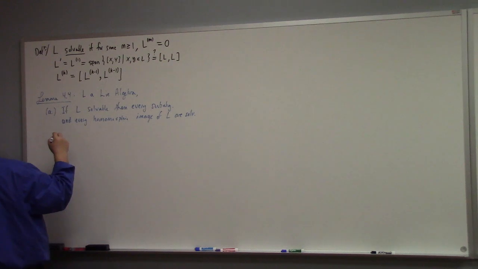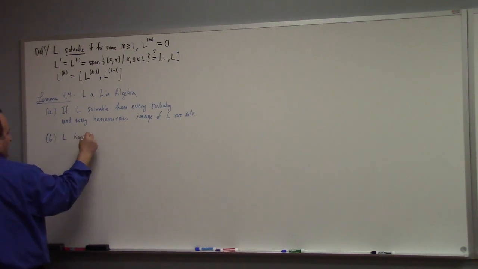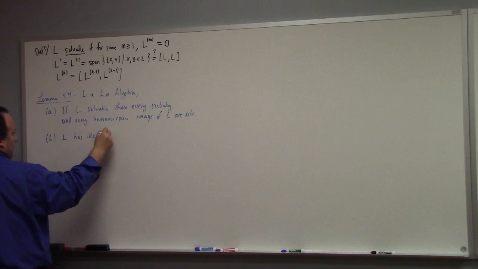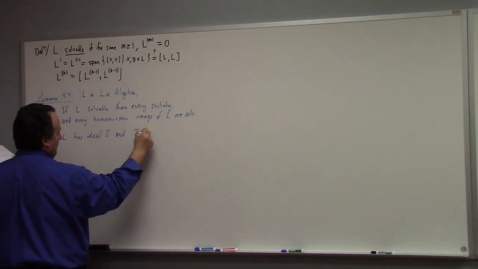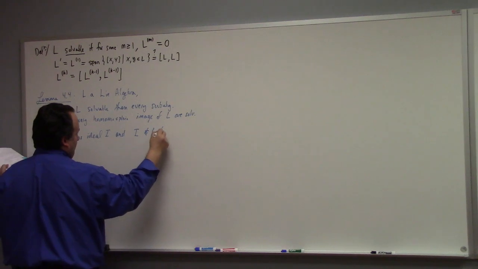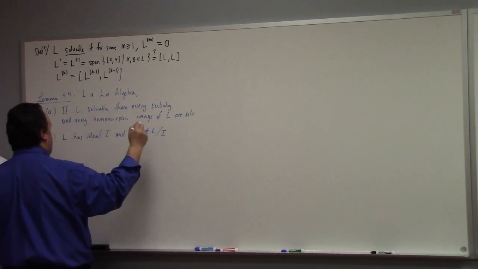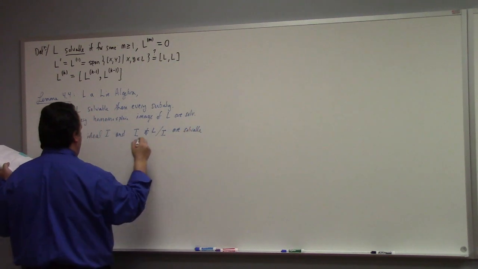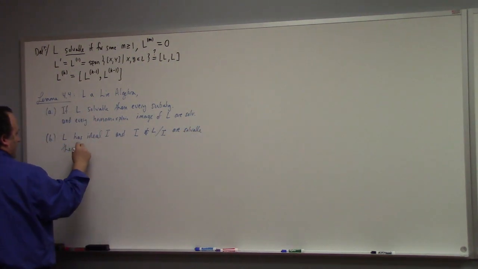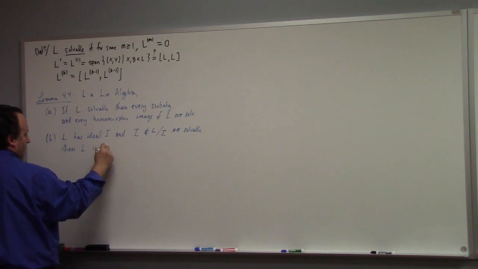(B) If L has an ideal I, and I and L mod I are solvable, then L is solvable.